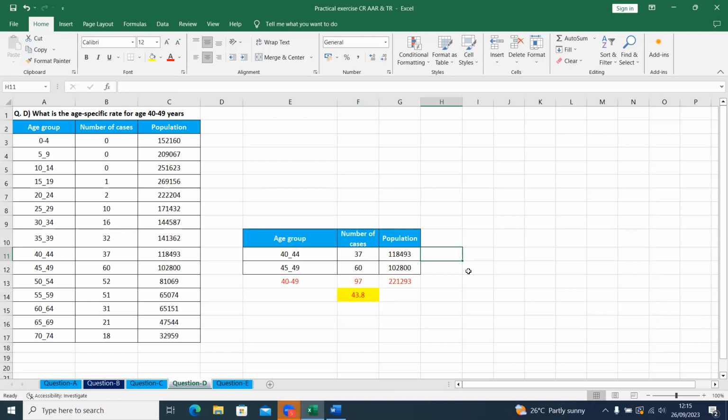Basic mistakes staff will do: they will just add the age specific rate of this age group.